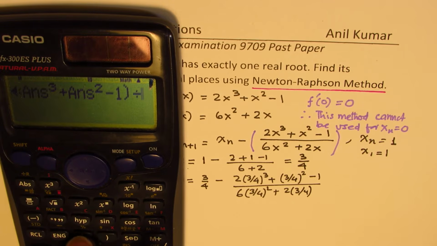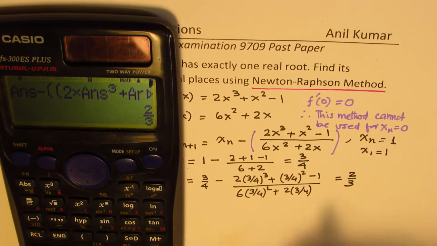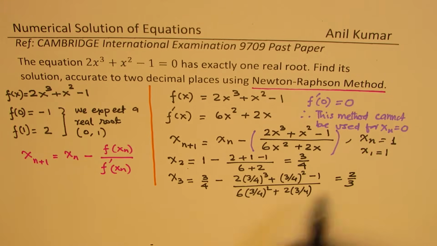Now we'll divide, open a bracket for the denominator, 6 times answer square plus 2 times the answer, and then bracket close, equals 2 over 3. Correct? So we have x3 as 2 over 3.